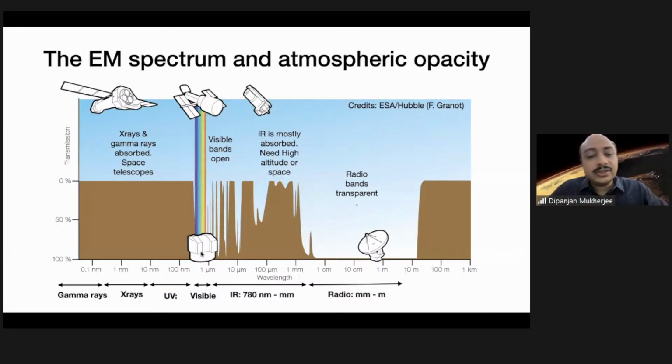I'll not go into the history of it, but starting from the highest frequencies, the lowest wavelengths, the gamma rays and X-rays are completely absorbed by the atmosphere. These are the high energy photons, or high energy astrophysics as we call it. To understand anything about them, we have to go to space.